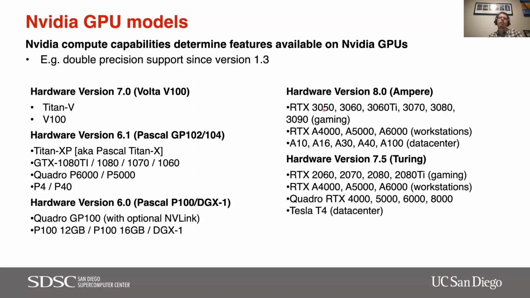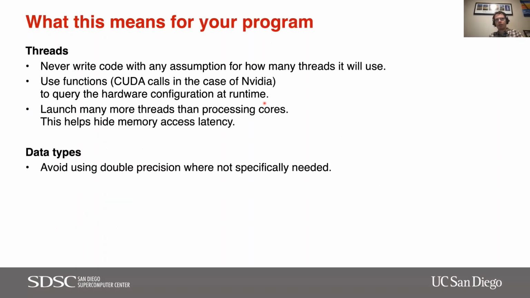And there are always different types of GPUs, like gaming GPUs, workstation GPUs, and then data center GPUs, which range from cheap to very expensive, and more features are switched off the cheaper the hardware gets. But if you check what compute capability you have, you will see what features of CUDA are supported. It's not something that you typically have to take care of, but something to keep in mind.